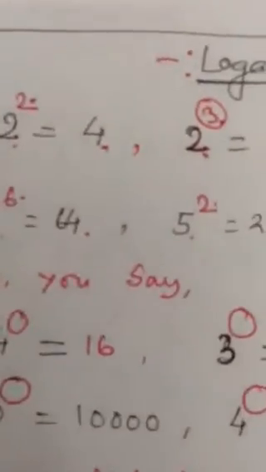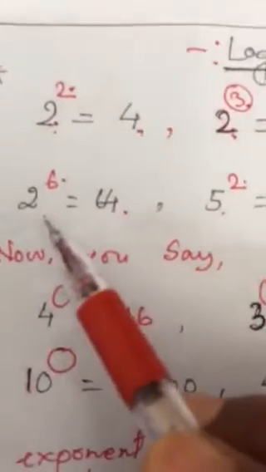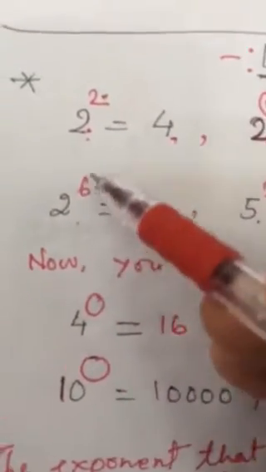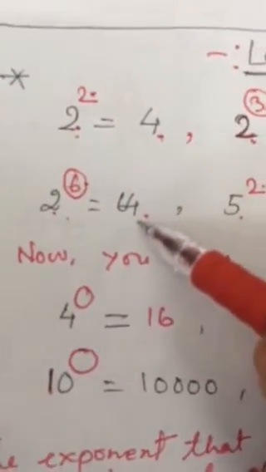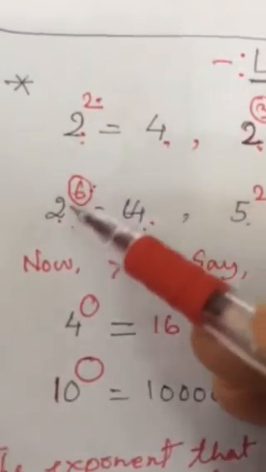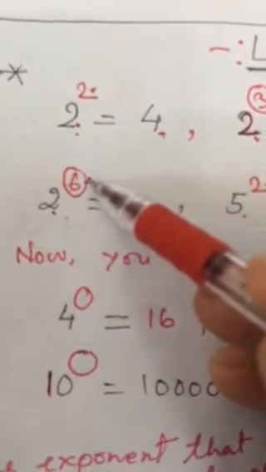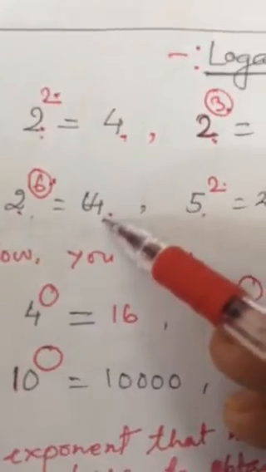So here I want to show you that the power of base 2 that gives 64 is 6. When 2 is raised to the power 6, we get the value 64.